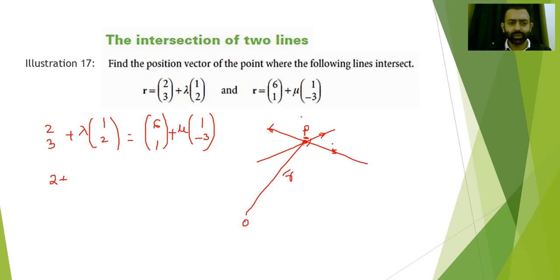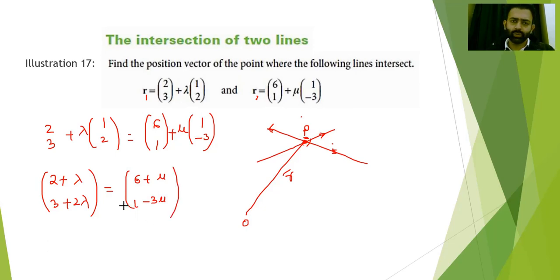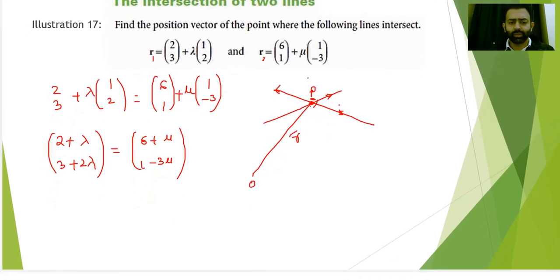That means r1 is (2 plus lambda, 3 plus 2 lambda), and r2 is (6 plus mu, 1 minus 3 mu). So we have two coordinates, the x coordinate and the y coordinate. I can equate both of these, and I will get the values of lambda and mu.